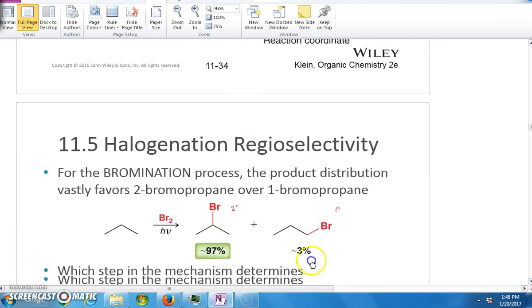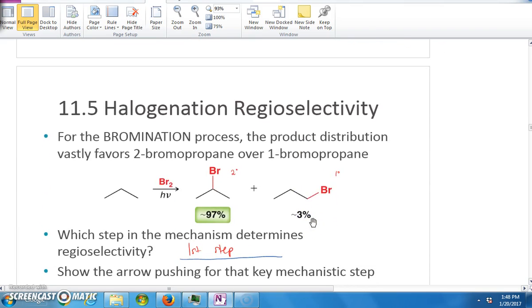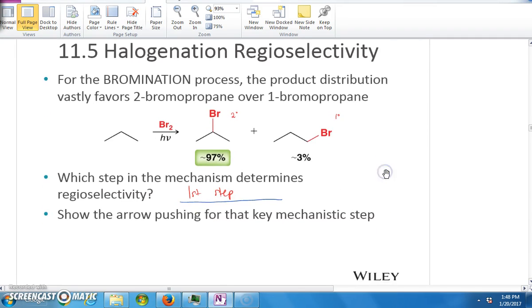Now for the bromination, on the other hand, the product distribution favors 2-bromopropane over 1-bromopropane. The question is why? If you look at it again, the first step is the step that determines the reduced selectivity, because that is the rate determining step.